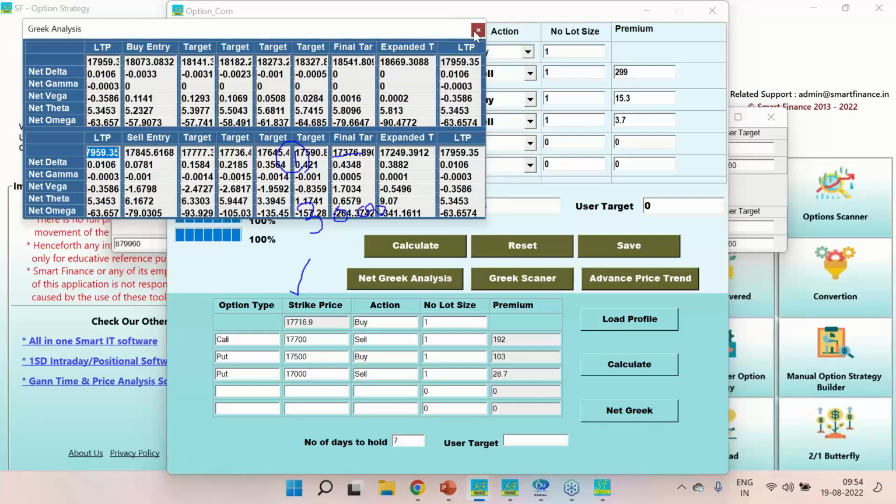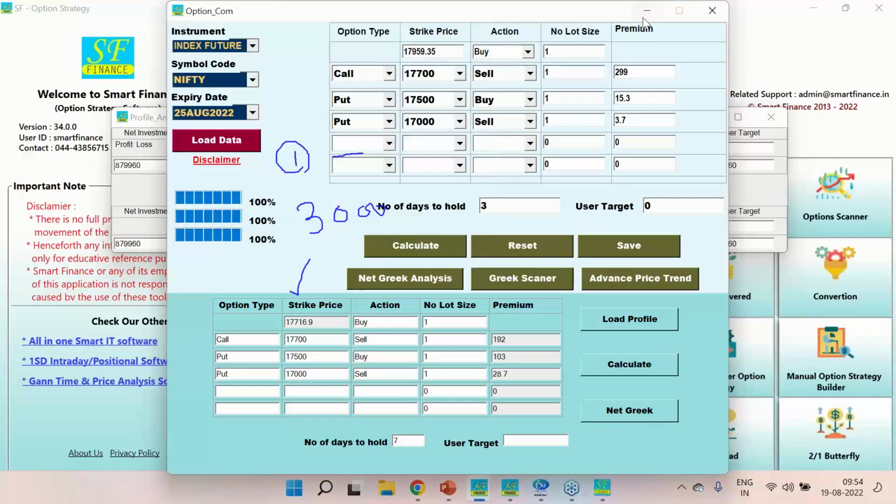So you will be learning that with the strategy going from negative delta to positive delta, this kind of strategy can give me profit when I am migrating from negative delta to positive delta. That is, a covered call with a wide leg bear spread will benefit you when you are migrating from negative delta to positive delta.